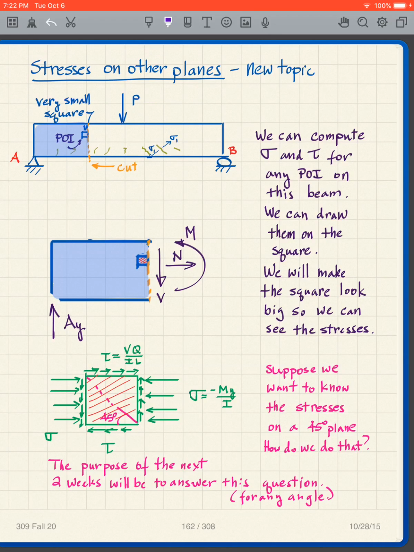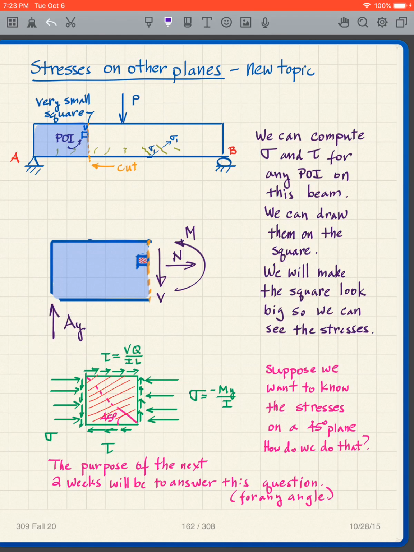Okay, so here is my point of interest that I'm going to use, and I'm going to make a cut right there, and we're going to analyze this essentially. So here's my free body diagram of the cut as we normally do it. We've got our Ay, and we've got our V, N, and M there.